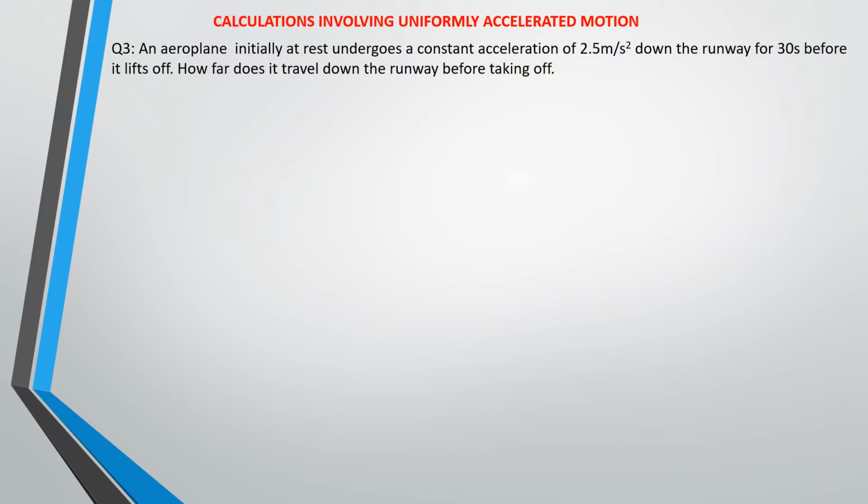So let's go. Here you are given that a is equal to 2.5 meters per second squared, and then you are also given that t equals what? 30 seconds, and that u, since the body starts from rest, is equal to 0.